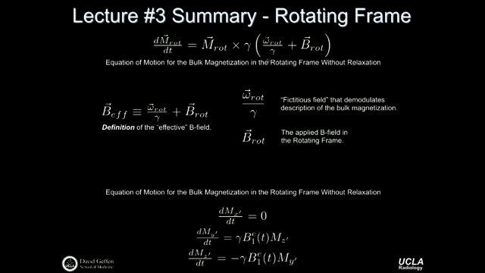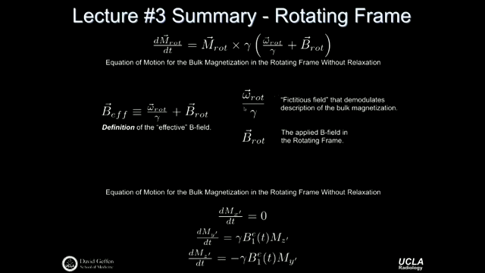This has units of field, but it's this so-called fictitious field that effectively demodulates the description of the bulk magnetization by the Larmor frequency. Again, we're just conceptually hopping on to the observational system at the Larmor frequency, so we're spinning with the spins. And this term effectively just offsets the conventional B0 field, if you will.